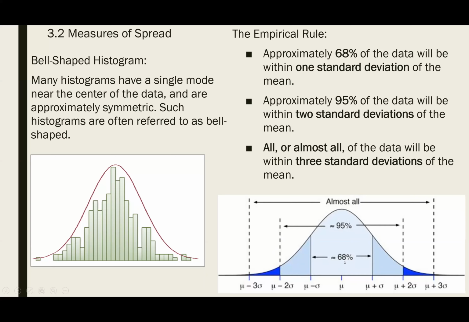One thing about the empirical rule is that it is very restricted, ladies and gentlemen. First, the data have to be a bell-shaped curve. If it's not a bell-shaped curve, we cannot apply the empirical rule. Secondly, the empirical rule can only state within 1 standard deviation, within 2 standard deviations, and within 3 standard deviations. It cannot be 0.5 or 1.5.